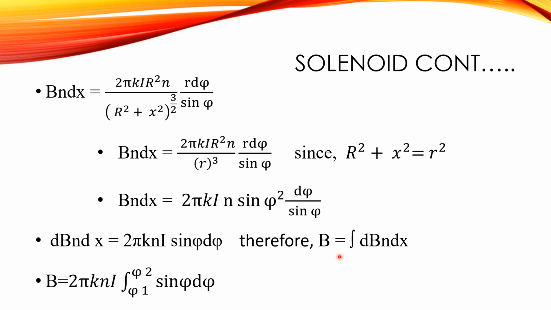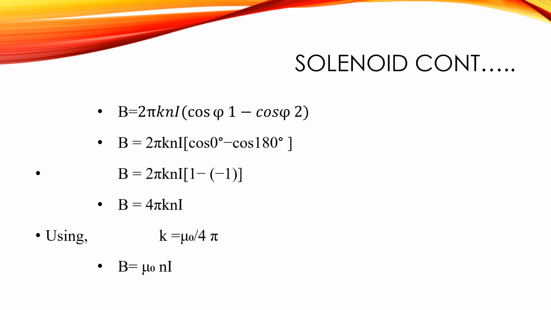Therefore B is equal to the integral of dB_n dx. When we integrate this equation by substituting the limits phi 1 to phi 2, we get B equal to 2πk n i (cos phi 1 minus cos phi 2).